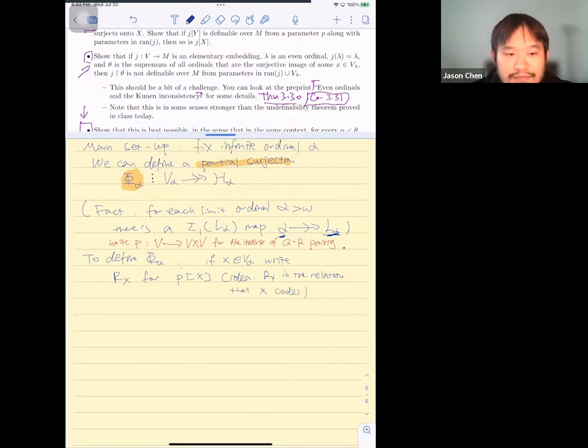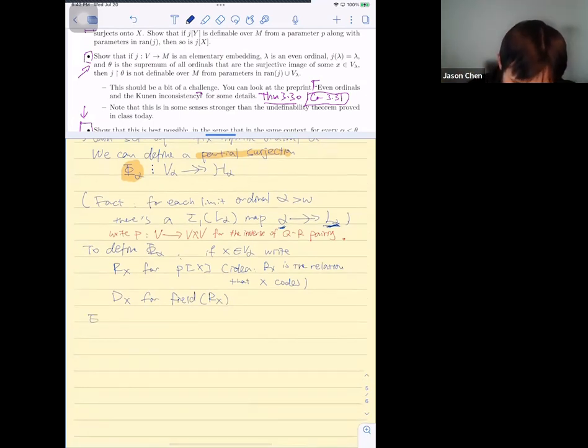We're now looking at each set X as a code for some binary relation. And write dx for the field of Rx, the domain and range of this relation.